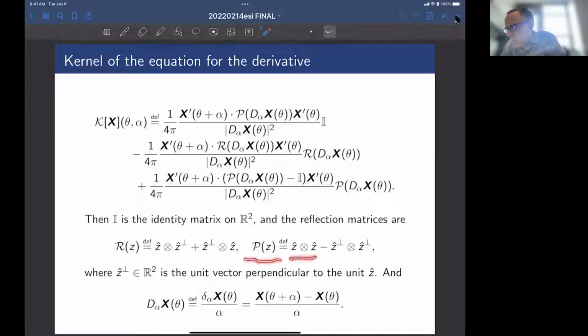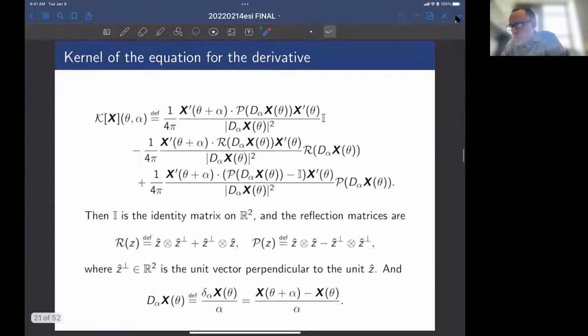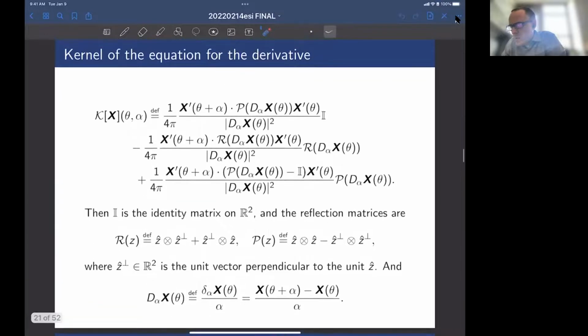P of z is z hat tensor z hat minus z hat perp tensor z hat, and R of z is z hat tensor z perp plus z hat perp tensor z. And then you can write the kernel in this way. It required a lot of just messing around with the model to find this expression, but writing it this way makes it more tractable for proving a lot of estimates. So I won't read that to you carefully, but there it is.